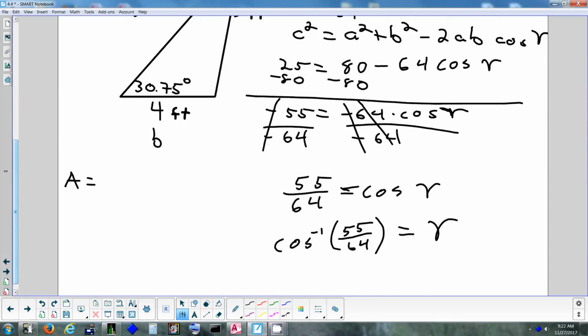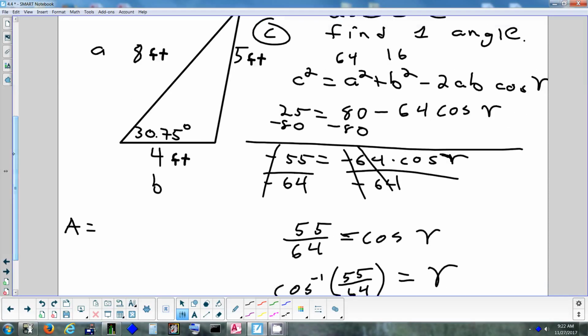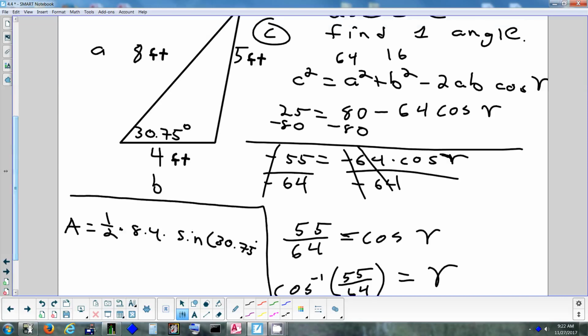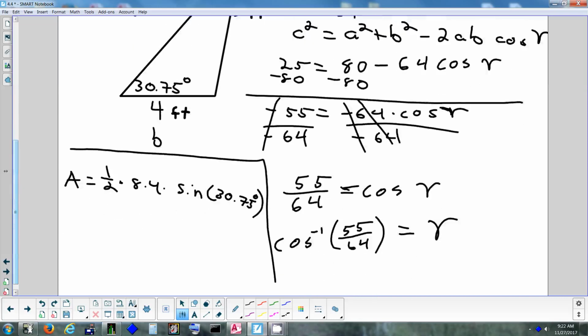So Matt, can you tell me what my formula for the area would be here? 1/2 8 times 4 times 30.7. Exactly. So let's just do the first part. I usually do that if it's nice and you can do it in your head.